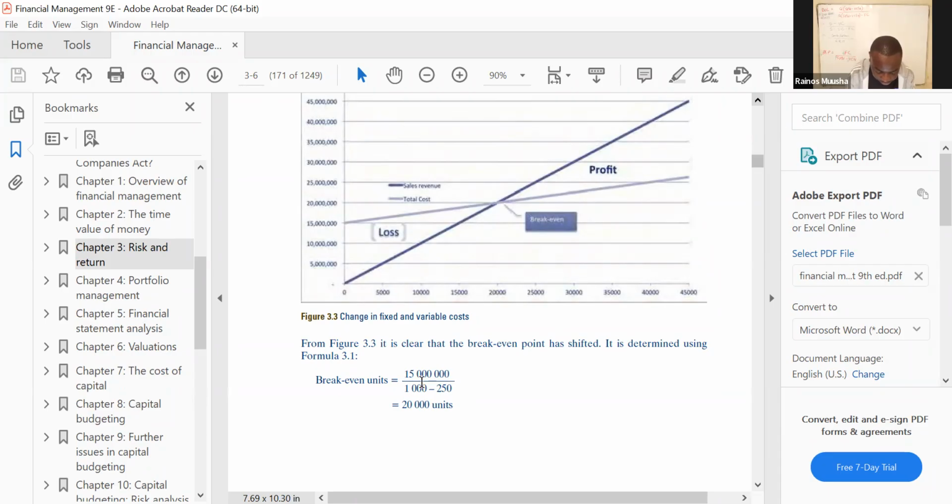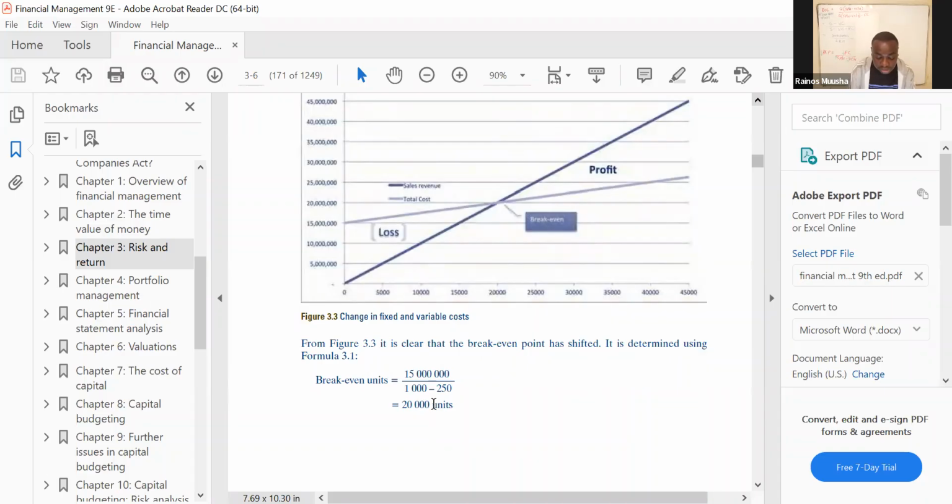The selling price per unit has gone down, but the variable cost per unit has gone down. And we are looking at the net effect or the overall effect as well. The overall effect in this case is that the number of units at the break-even point is going to increase from 16,667 units to 20,000 units.